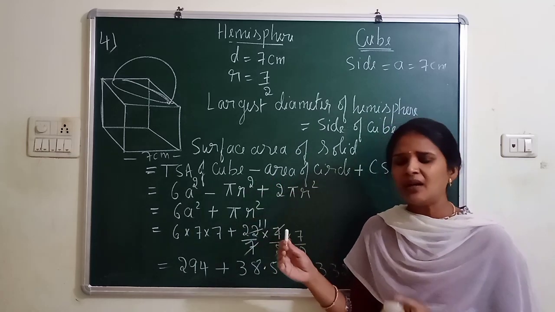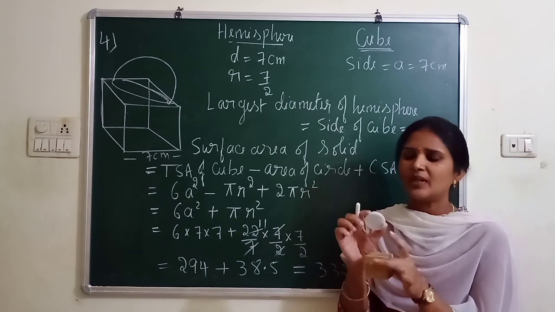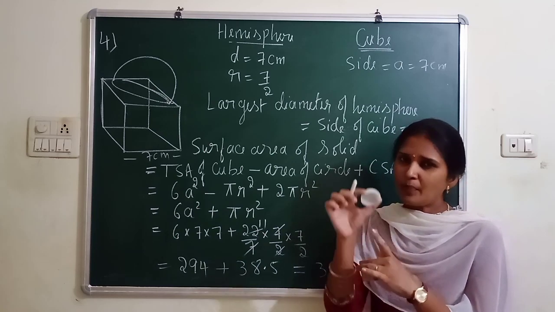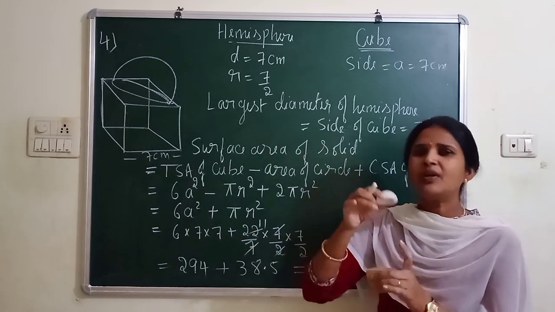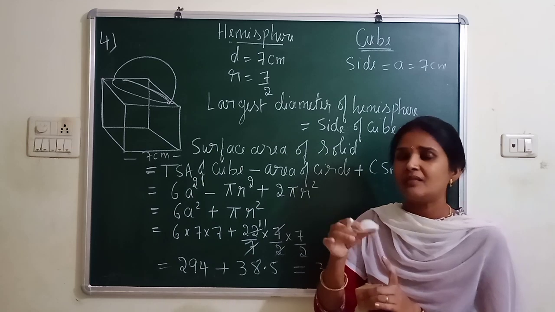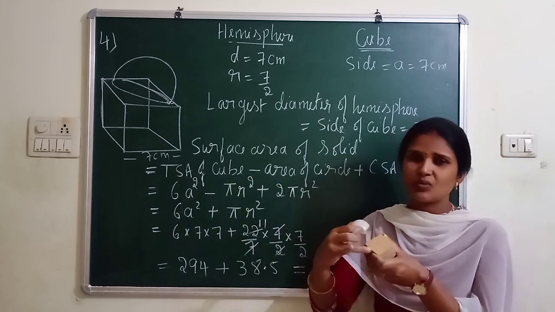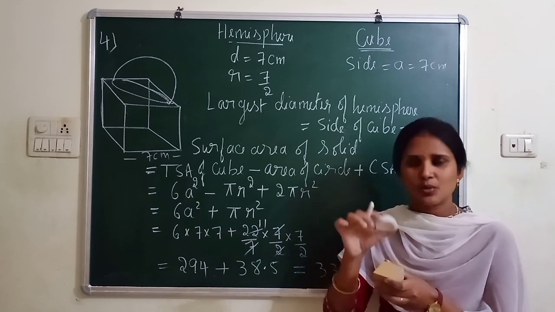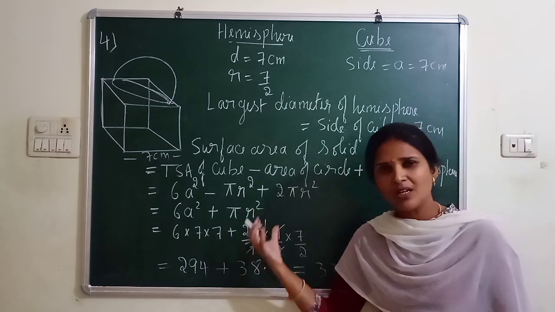Concentrate, keep in mind: whenever they are not exactly superimposed. If the top figure is a hemisphere and the bottom figure is also, say, a cylinder, then there is no subtraction. But here you have a square and a circle, so to get these corners we have subtracted. I hope everyone understood this concept.